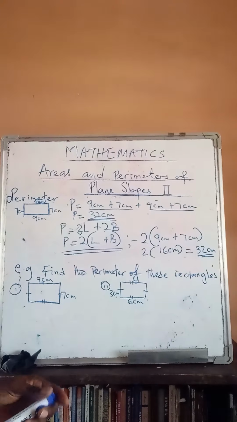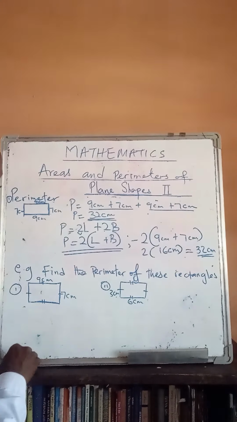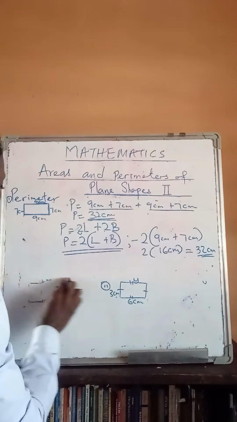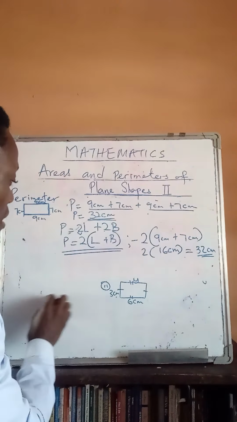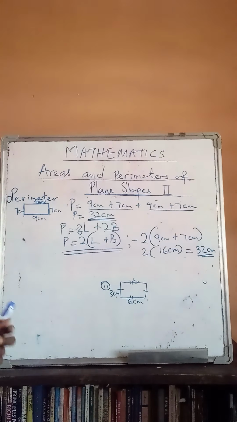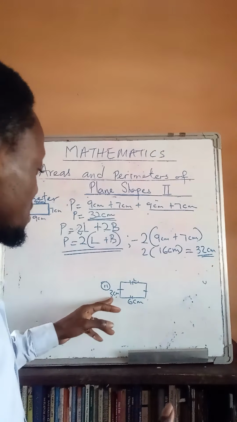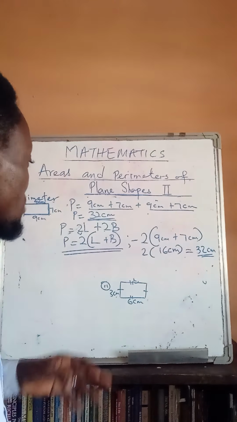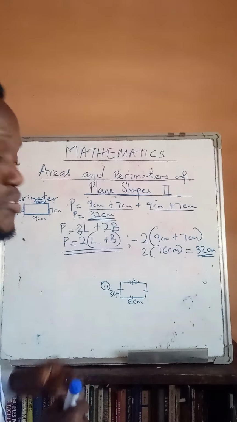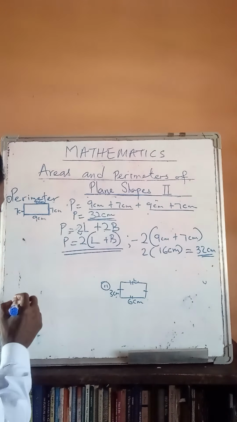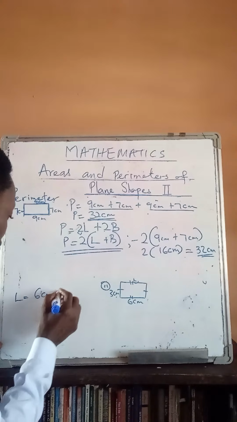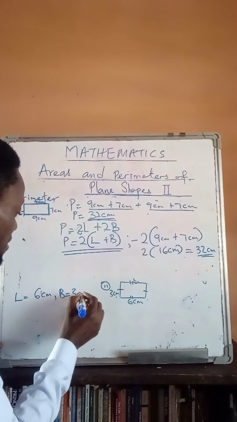Okay. All right. So now let's replicate the same to the second question. The second question says find the perimeter of this rectangle of breadth 3 centimeters and length 6 centimeters. So we are going to be applying this formula to solve this. Our length is 6 centimeters and our breadth is 3 centimeters.